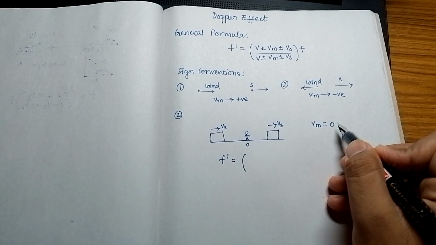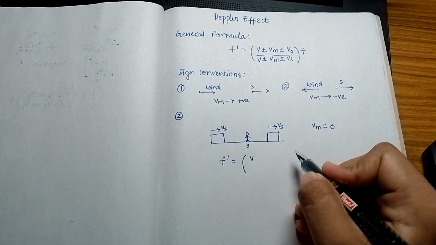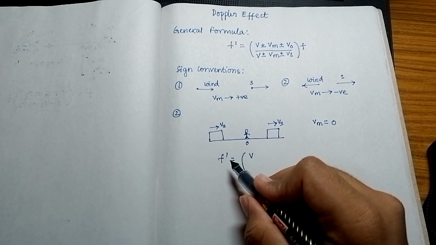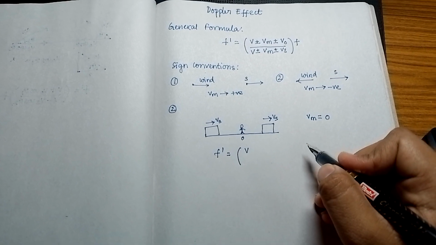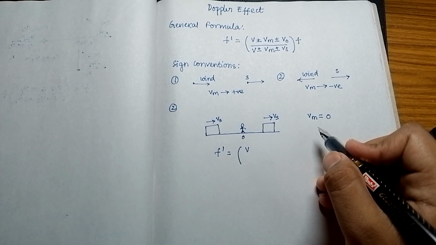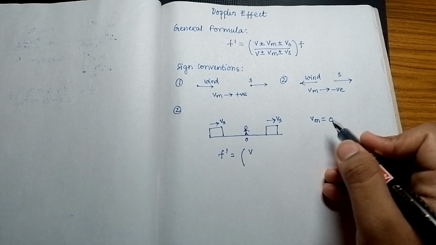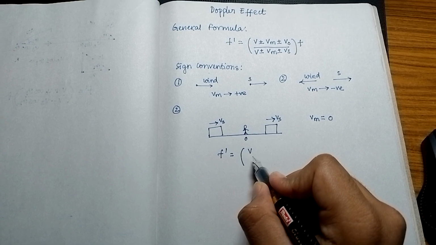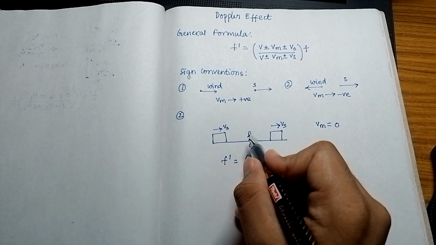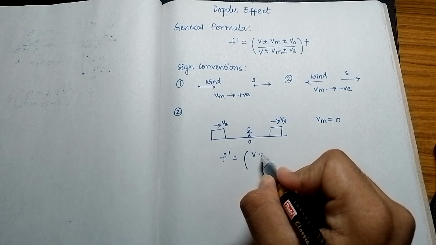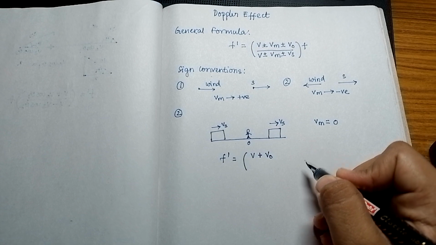So we'll take Vm equal to 0 for simplicity. The frequency here is also called the apparent frequency, which is the frequency having a shift from the original frequency. As the apparent frequency is going to rise when an object is approaching you, we'll put a plus sign in the numerator.